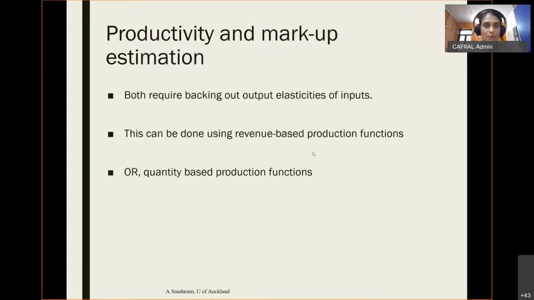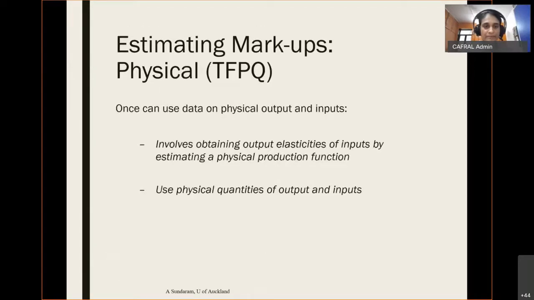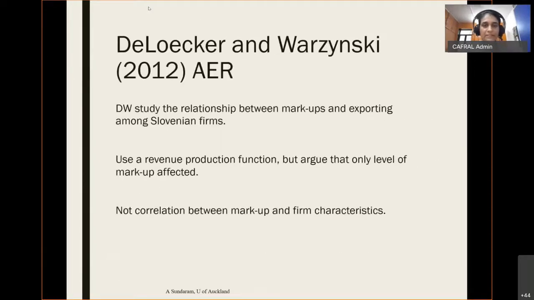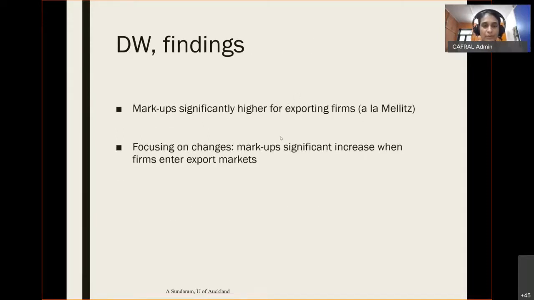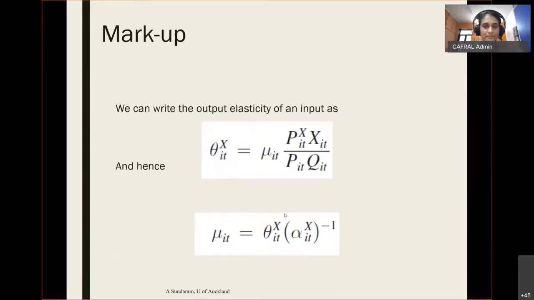Okay? So I urge you to look at the paper by, let me see, yeah, the De Loecker and Warzynski 2012 AER paper. What they do is estimate revenue productivity like we are going to do here. And then they use those elasticities, the betas, to calculate markups. In order to do that, they use this formula on this page here. This you can find in their paper.